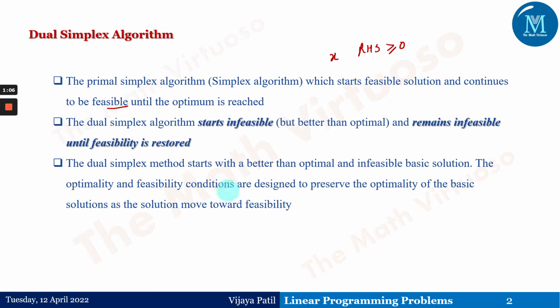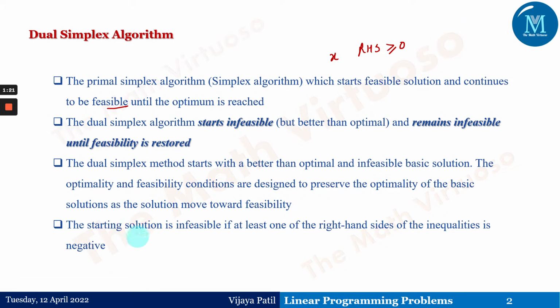The dual simplex method starts with a better than optimal and infeasible basic solution. The optimality and the feasibility conditions are designed to preserve the optimality of the basic solution as the solution moves toward feasibility. The starting solution is infeasible. This is very important.